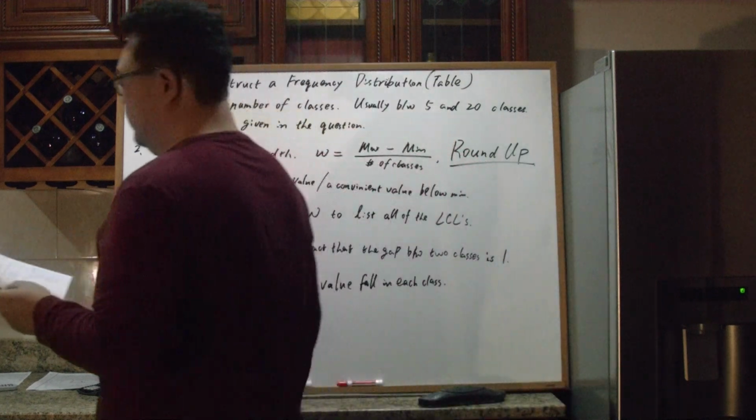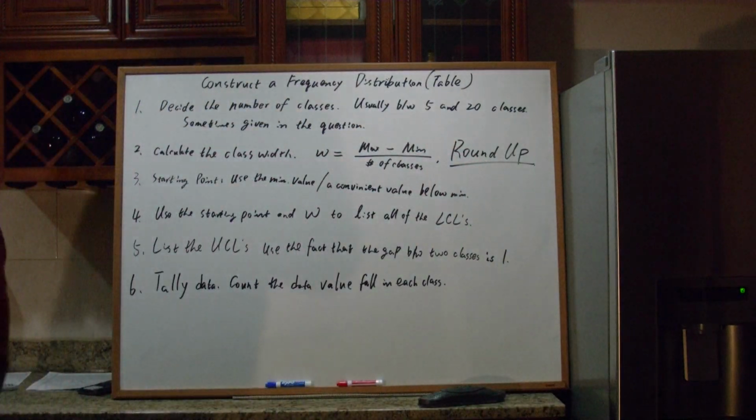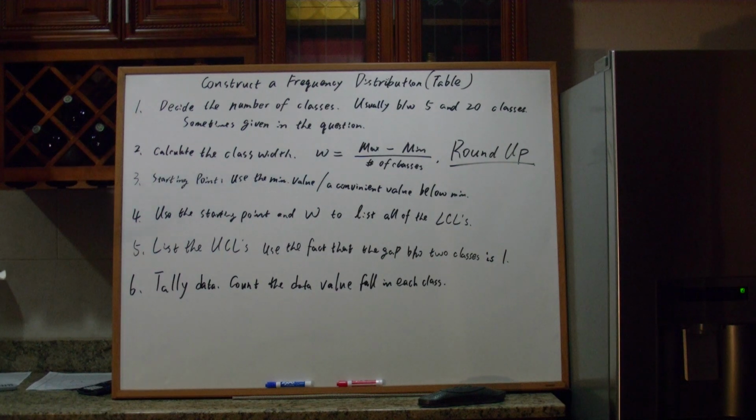Right, then the classes are built. We just need the frequency, so we need to tally the data and count how many of the data values fall in each class. After we finish tallying, we'll see some techniques for how to use the tally.